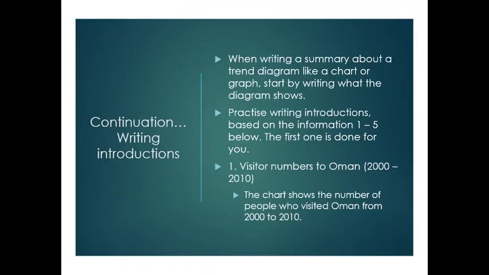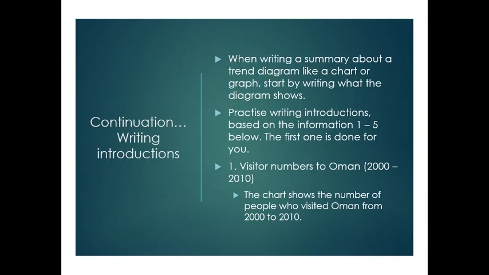Alright, so let's continue. When writing a summary about a trend diagram, like a chart or a graph, you have to start by writing what the diagram shows. So what is this showing you? Practice writing introductions based on the information 1 to 5 below. So take a look at number 1.